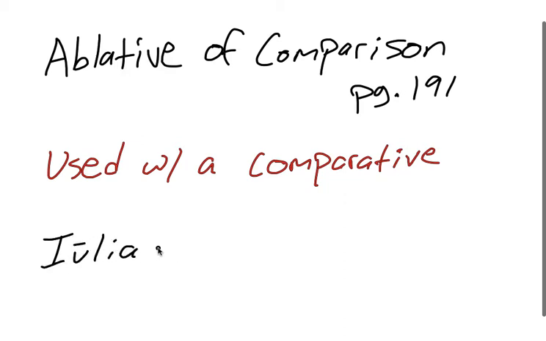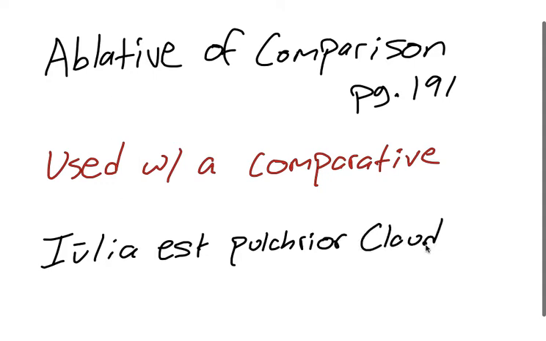Okay, so Julia est procrior Claudia. Claudia is obviously our ablative, and when we translate this sentence, we would say Julia is more beautiful, procrior.